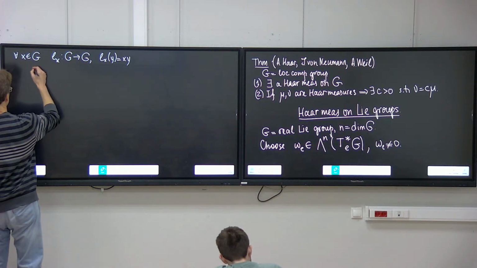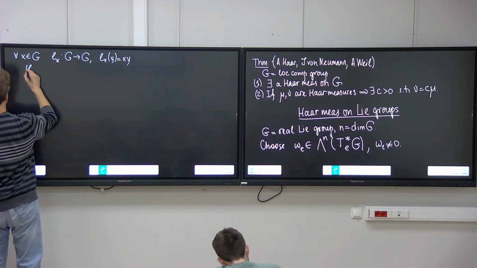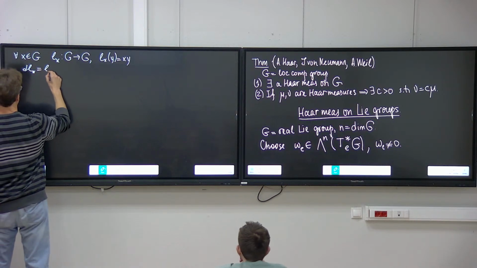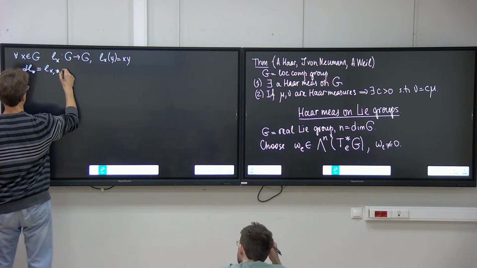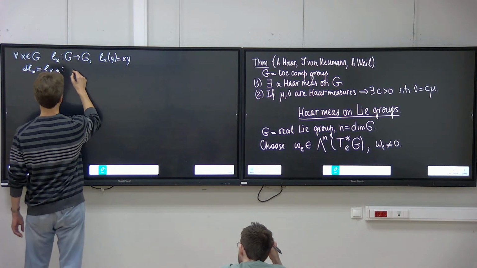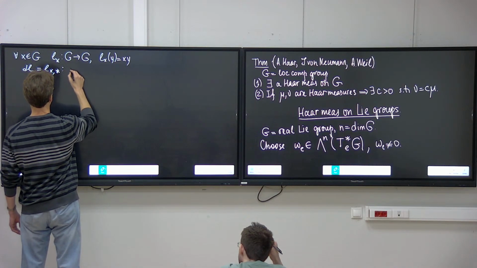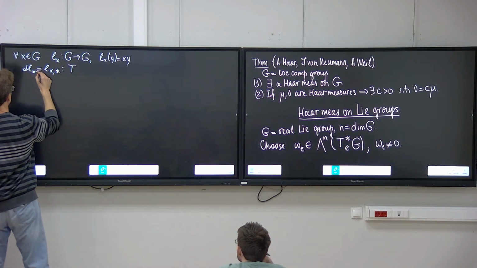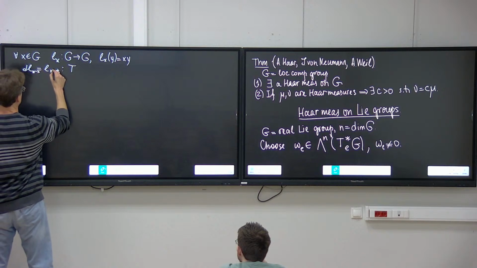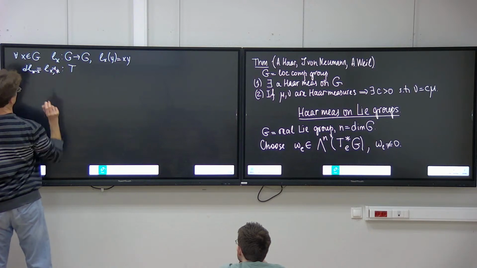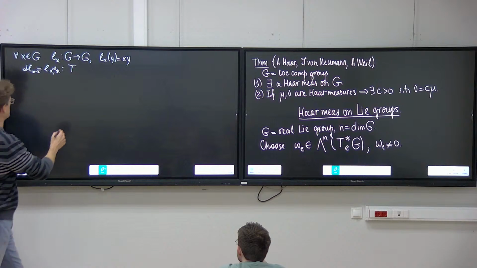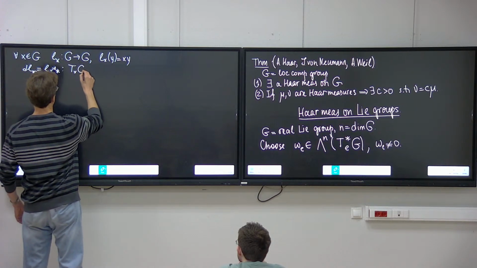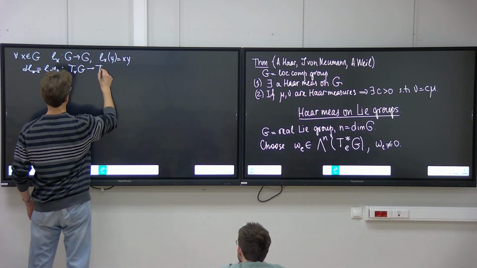So let's consider the differential of this map, dLx, or Lx star, which acts from the tangent space at x. Oh, it's better to replace x by x inverse here. So it acts from the tangent space at x to the tangent space at the identity.